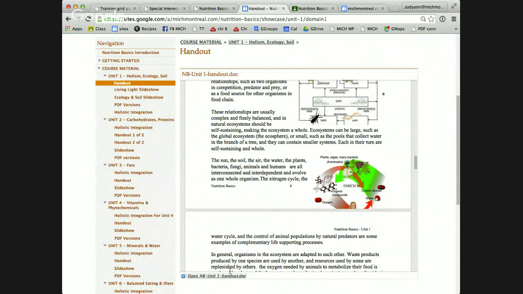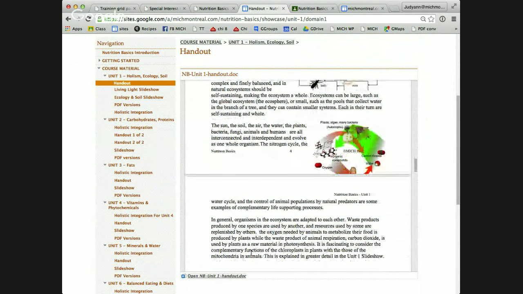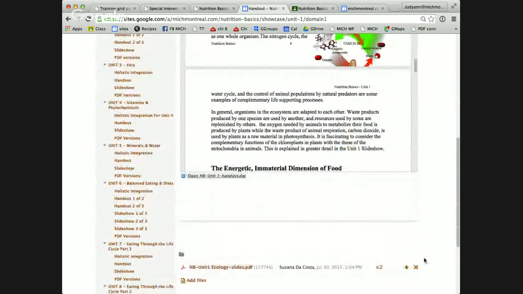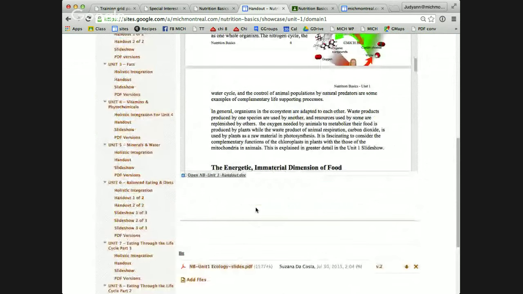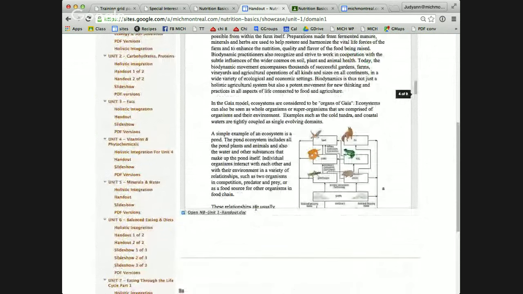So everything that is embedded on the website is also downloadable. And then if there are additional references or files that we think you might find interesting, we add them to the bottom of the handout section.